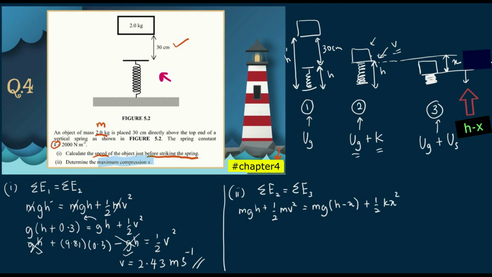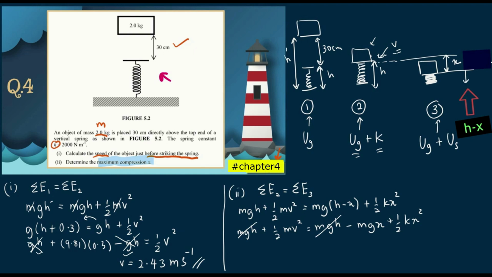So this is the formula for elastic potential energy. Okay, so we try to expand all the equations. So it's going to be mgh plus half mv squared equal to mgh minus mgx plus half kx squared. So basically mgh minus mgh, they will vanish from the equation.